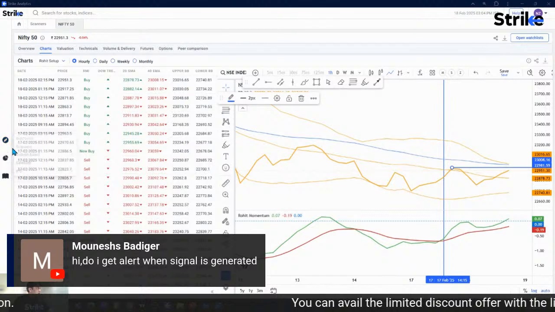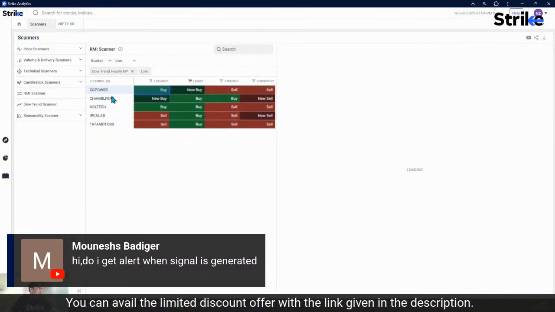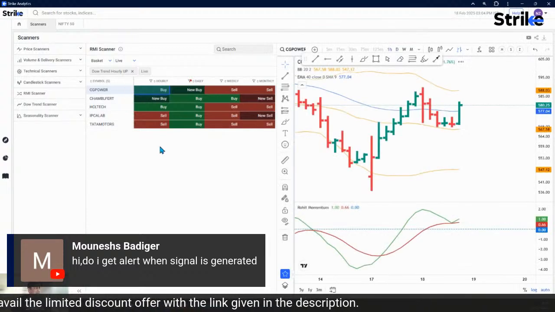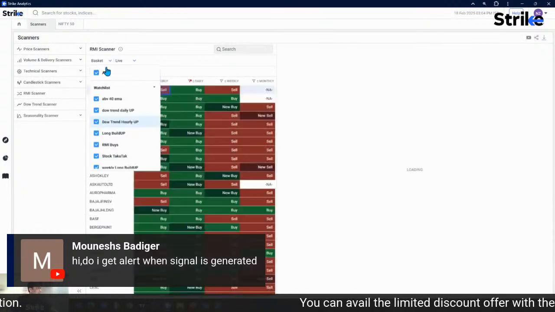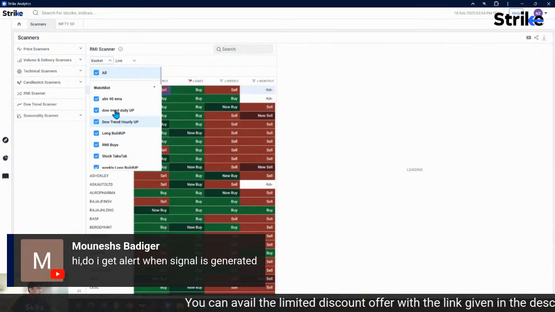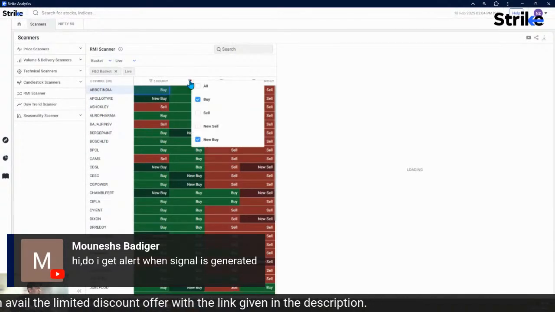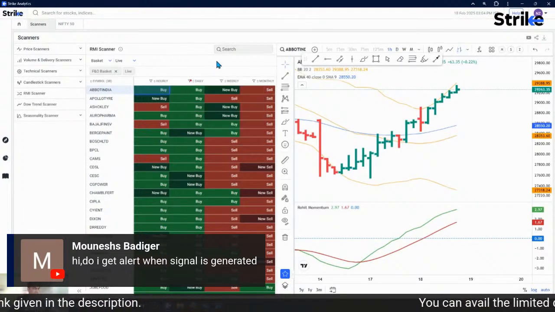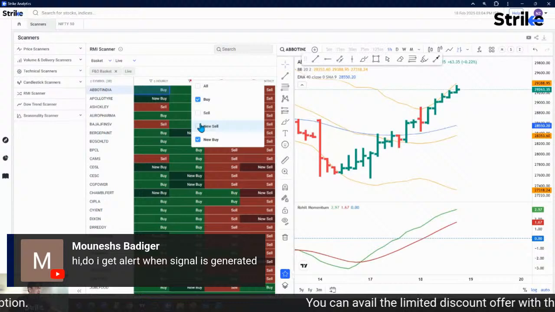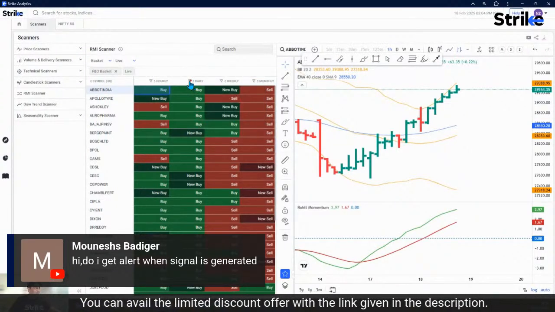Now, going back to the scanner part, in this particular scanner, let's say I want to find stocks in the F&O basket where the RMI, let's assume I'm a short-term trader. As a short-term trader, I will say I want stocks which are in buy mode and new buy mode on the daily time frame chart.